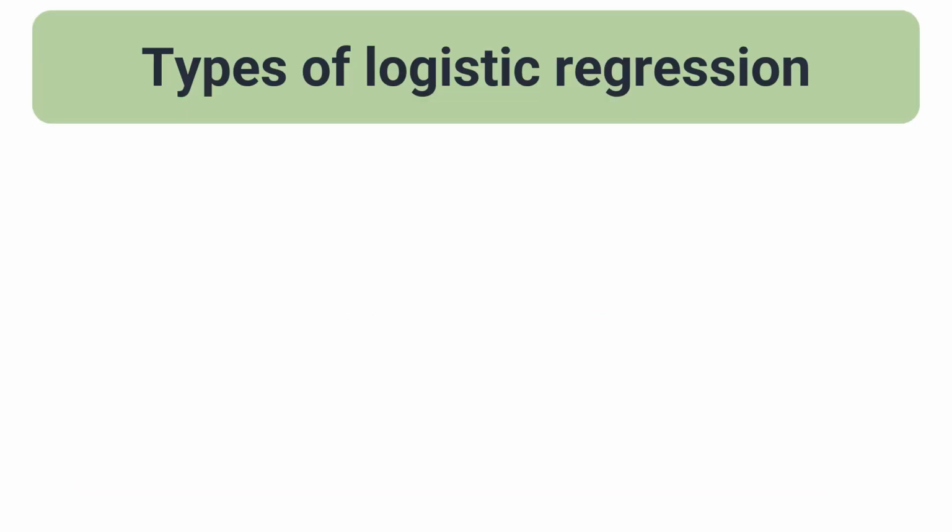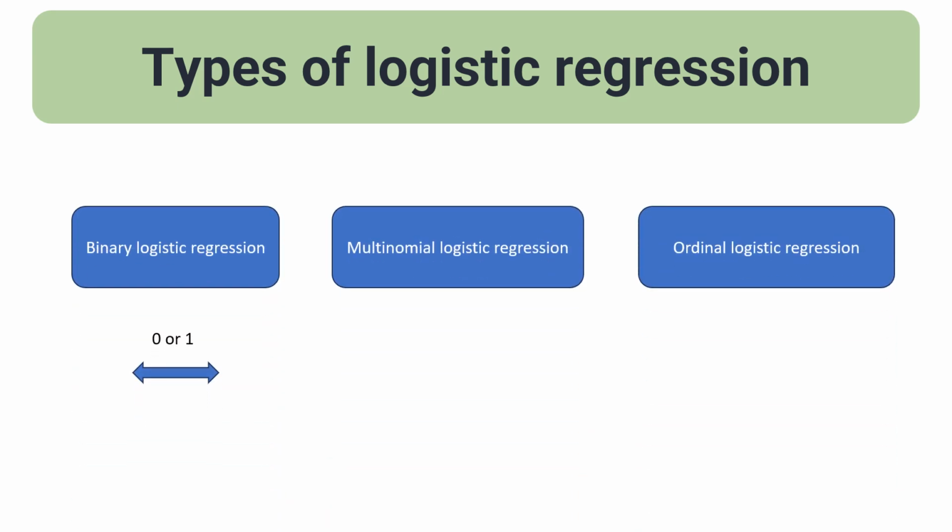Types of logistic regression. There are three types of logistic regression models, which are defined based on categorical response. Binary logistic regression. In this approach, the response or dependent variable is dichotomous in nature, i.e. it has only two possible outcomes, e.g. 0 or 1.